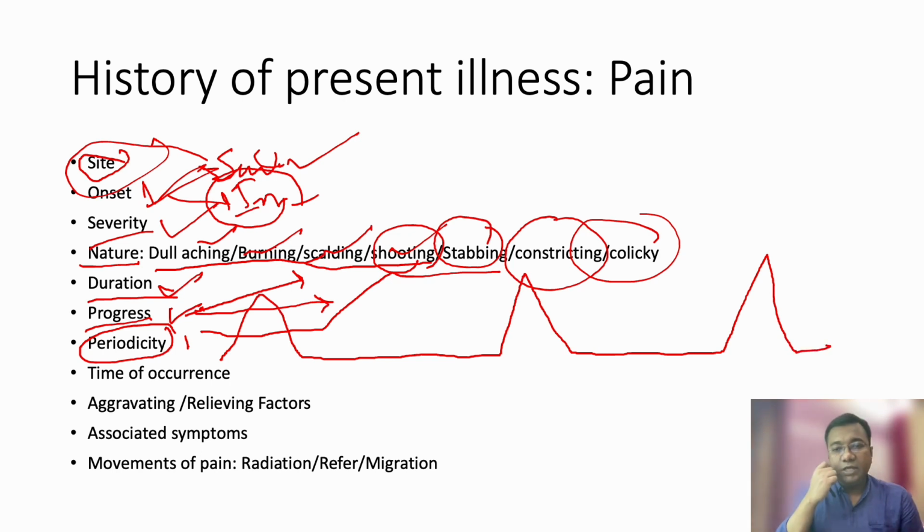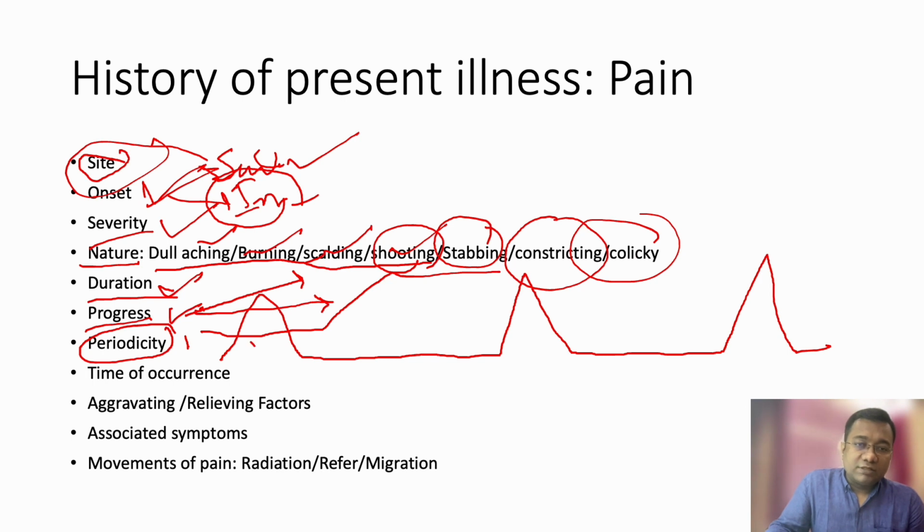This is very commonly seen in peptic ulcer disease patients. What happens in peptic ulcer disease, there is healing. Either the patients take some PPI, or lifestyle modification, dietary habit changes, there is healing of the peptic ulcer, and the pain disappears. Once again, when the ulceration occurs, the pain reappears. So this is known as periodicity.